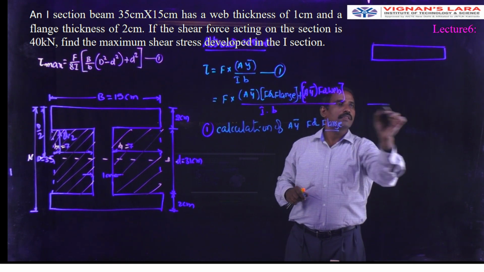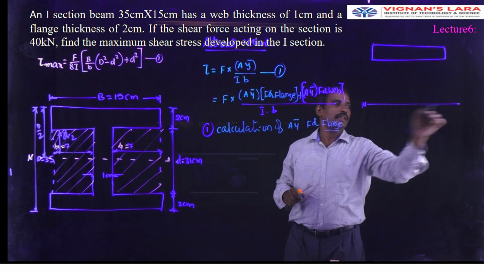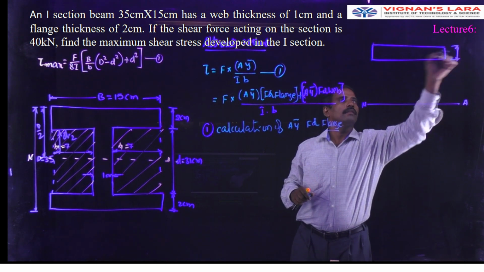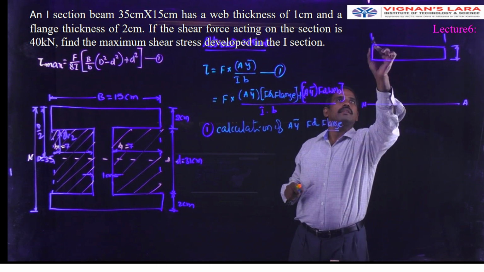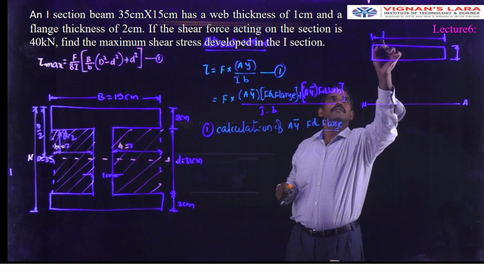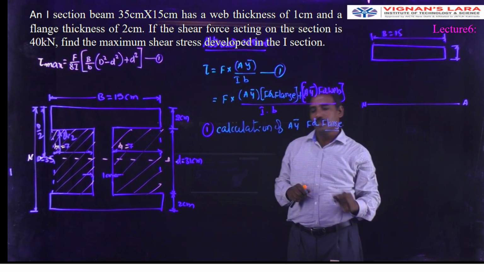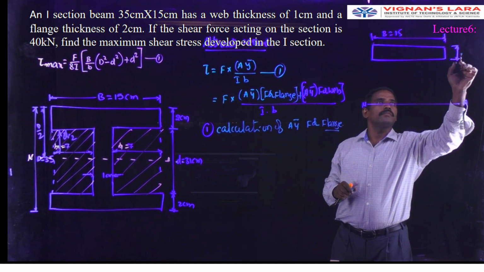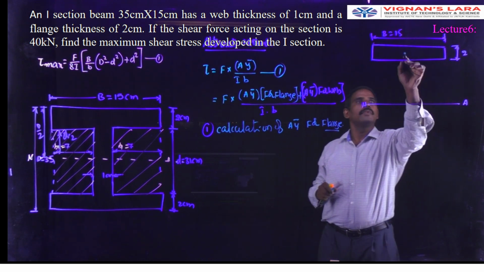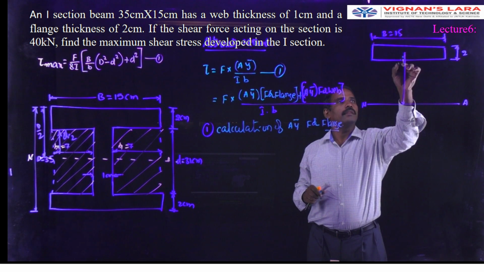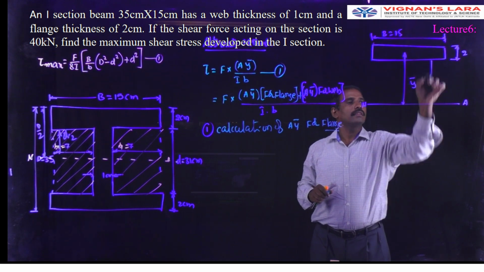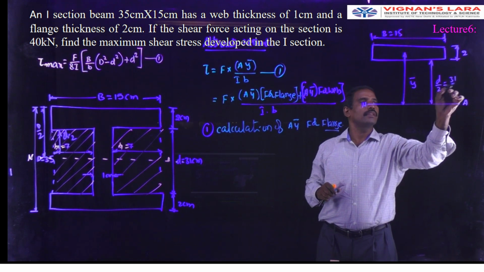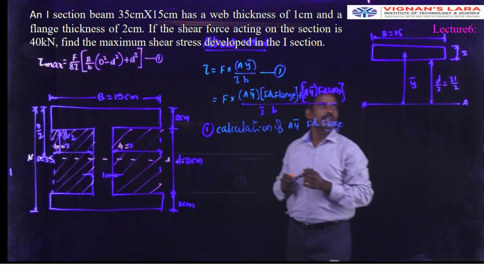Say this is the neutral axis, represented as NA. The dimensions of the flange: width capital B is equal to 15, and thickness of the flange is 2. This is the Y bar, and this is small d by 2, which is equal to 31 by 2.